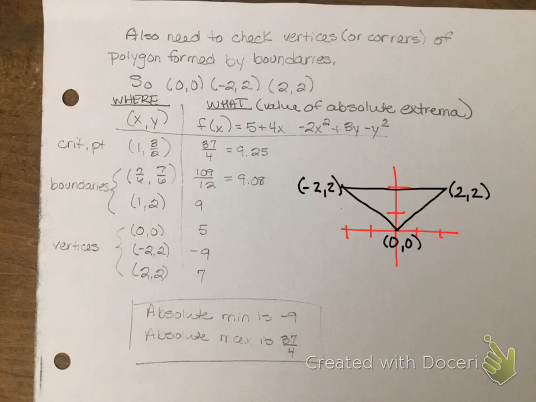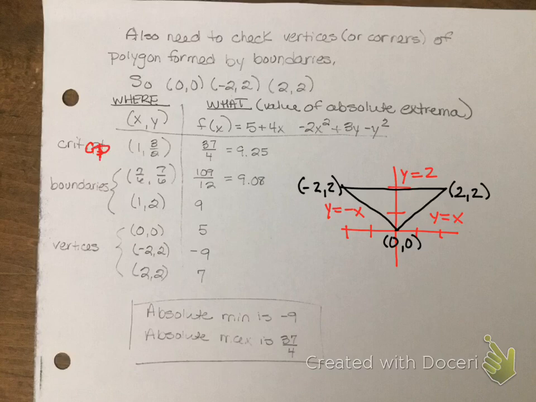To find the absolute extrema, I need to check the critical point in my function, the values that I found from my boundaries in the function, as well as the vertices or corners of the polygon formed by those three boundary equations that I was given. Remember, I was given y equals 2, y equals x, and y equals negative x. So here's the critical point that I found.